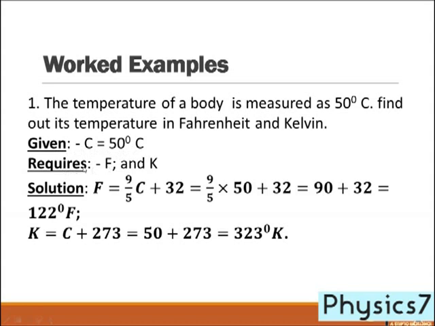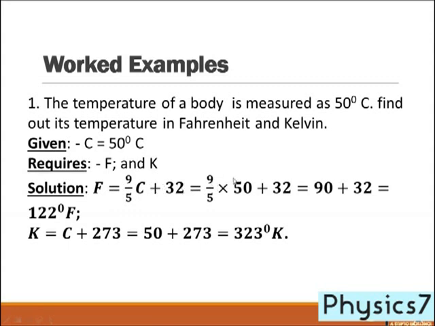And you're required to find F, the temperature in Fahrenheit, and you're required to find K, the temperature in Kelvin. So what we would do to determine the temperature in Fahrenheit is to use the expression F is equal to 9 divided by 5 multiplied by the temperature in degrees Celsius plus 32.